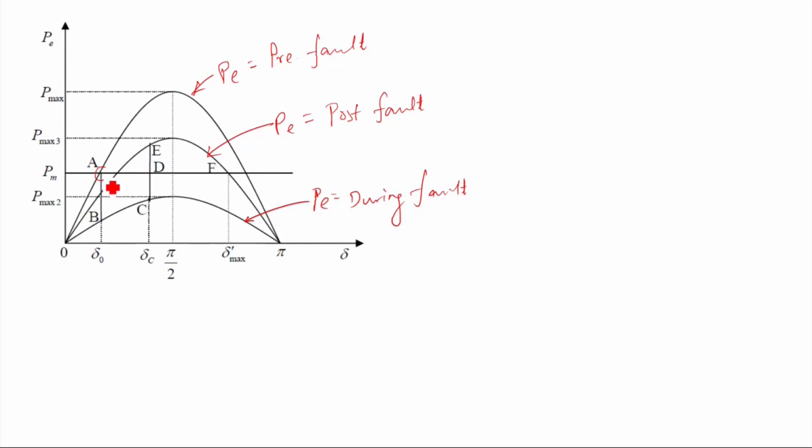When the system is operating at stable equilibrium point A and the fault occurs, as soon as the fault occurs, it will move to point B. Because this point B is less than Pm, that means your PE is less than Pm, under this condition your rotor will accelerate and move to point C, where the fault is cleared. As soon as the fault is cleared at delta C, this point C will move to point E.